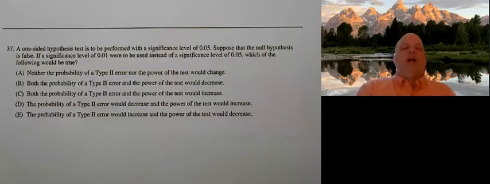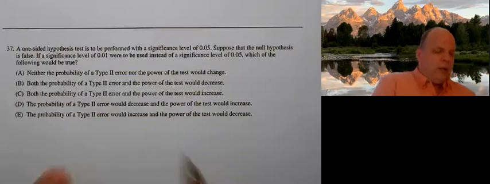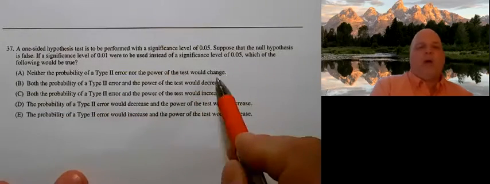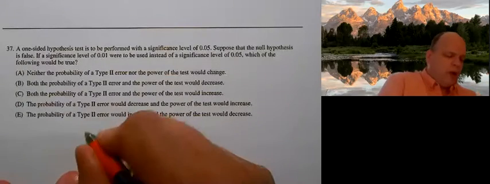37, a one-sided hypothesis test is to be performed with a significance level of 0.05. Suppose that the null hypothesis is false. If the significance level of 0.01 were to be used instead of the 0.05, which of the following would be true? When I read these, I'm just going to tell you real quickly, we're looking at power and type 2 error. Remember, there's a relationship.